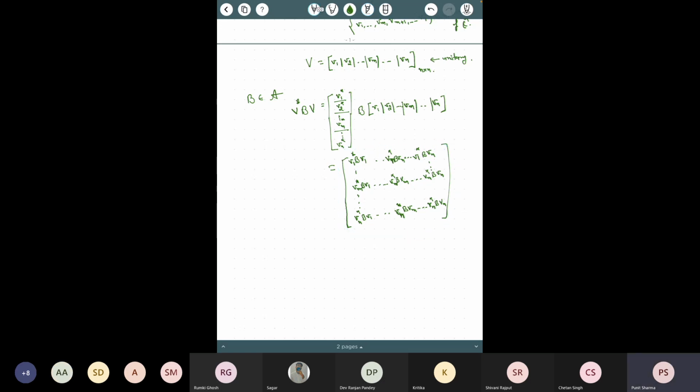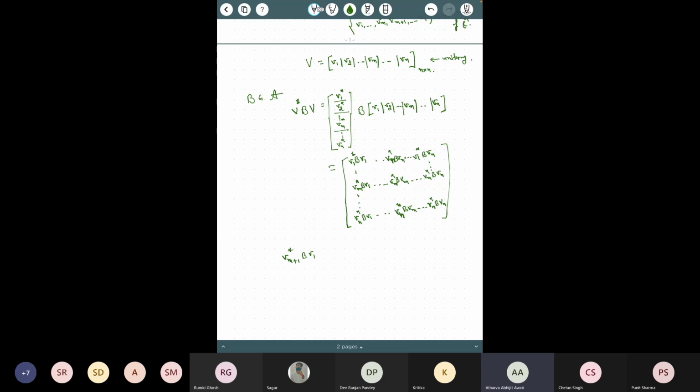So for example, you look at this one, Vm plus 1 star V1. What would be this entry? It will be 0. Why? Because B V1 is equal to lambda V1, and they are orthonormal vectors, Vm plus 1 and V1.